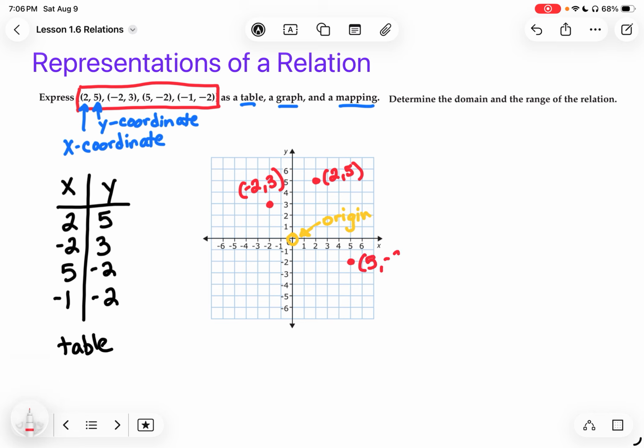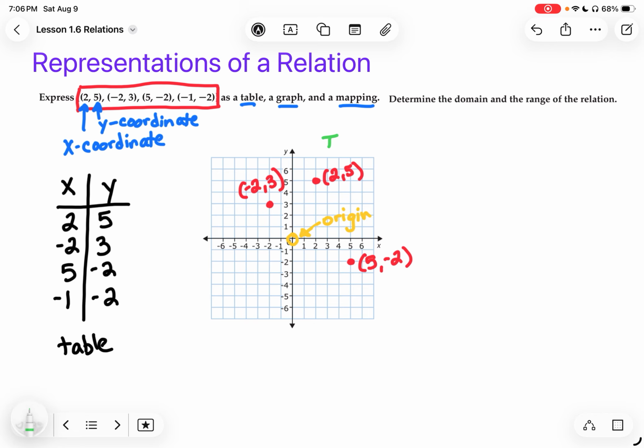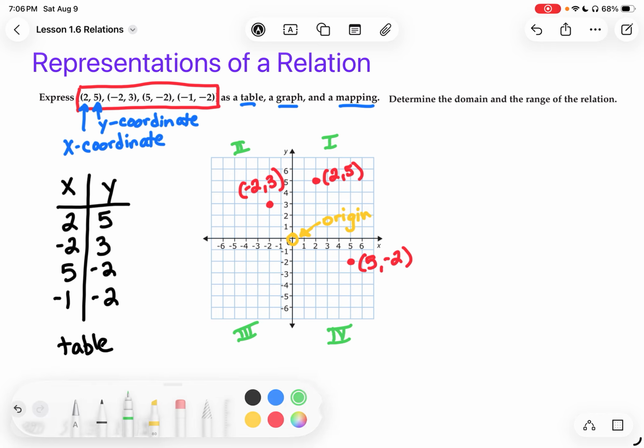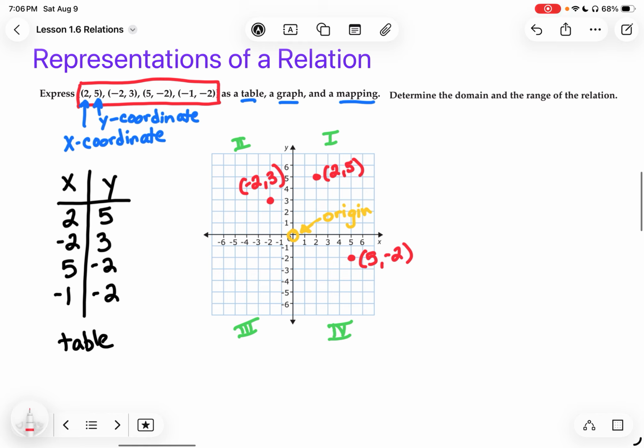If you forgot your quadrants, this is actually in the fourth quadrant. Let's go ahead and label those just for a refresher. This is the first, second, third, and fourth quadrants. And we label the quadrants with Roman numerals so that we don't get them confused with our ordered pairs. And then negative 1, negative 2 is going to be down here in the third quadrant. Negative 1, negative 2.